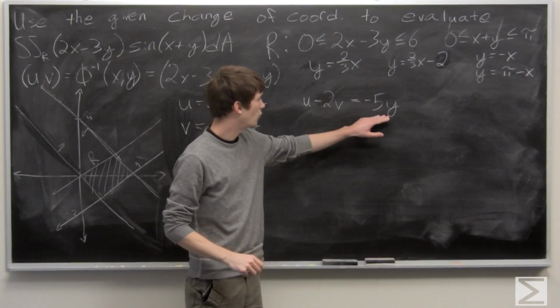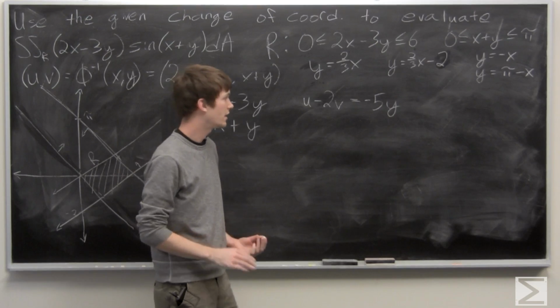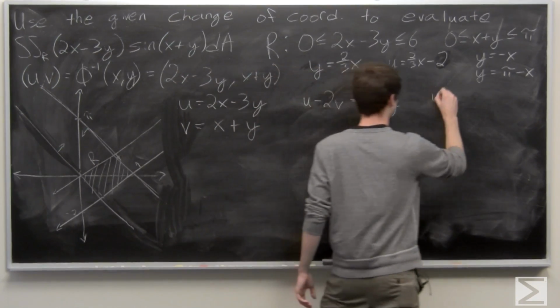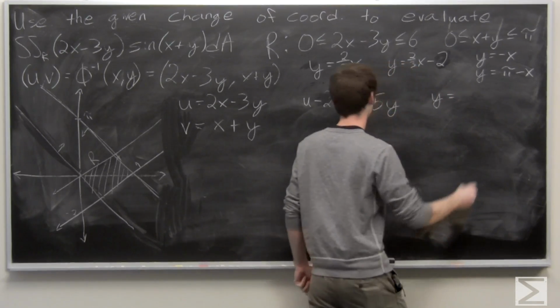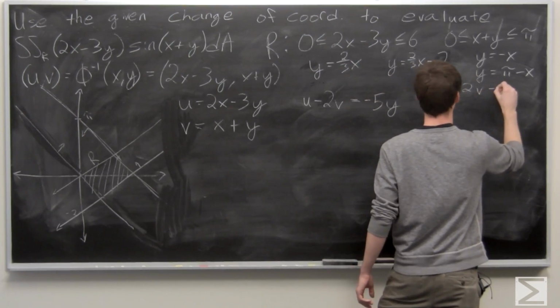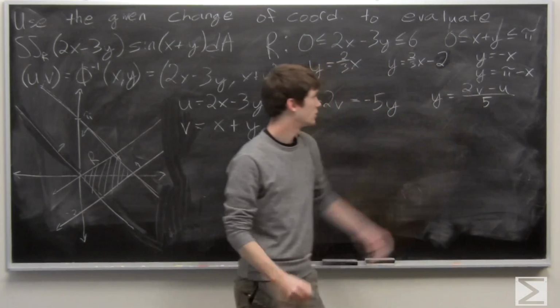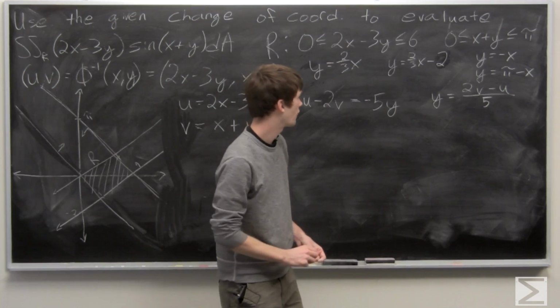We can solve for y by dividing both sides by negative 5, and we get y is equal to 2v minus u over 5.